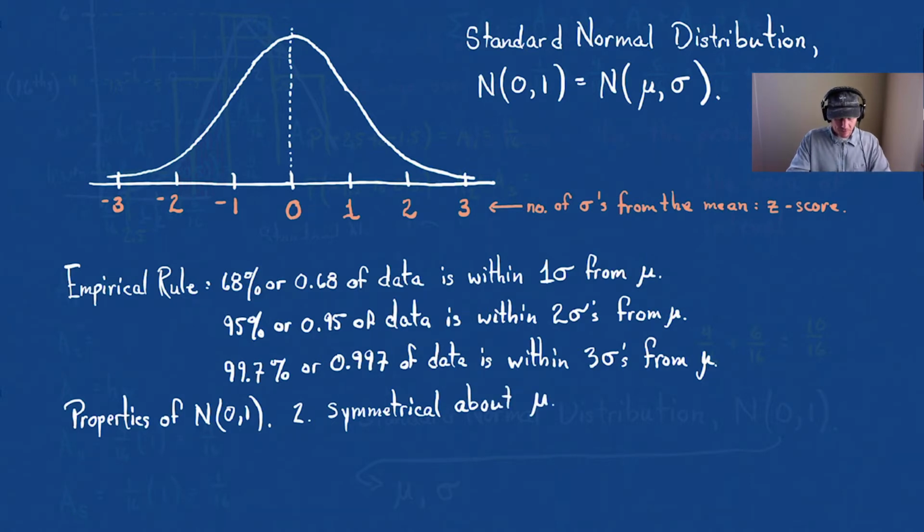It means that this dotted line that I have here extending up from the mean, if this was a piece of paper and I could fold that piece of paper right smack dab on the dotted line perfectly, the left half would look exactly like the right half. So it's symmetrical about that vertical line drawn straight up from the mean. That'll help us with our application of the empirical rule.